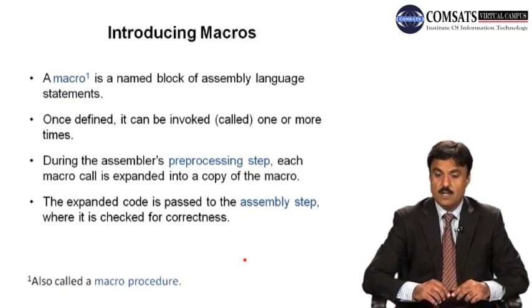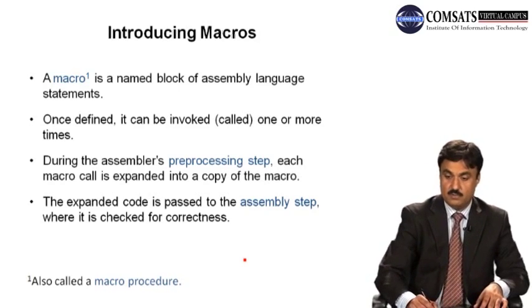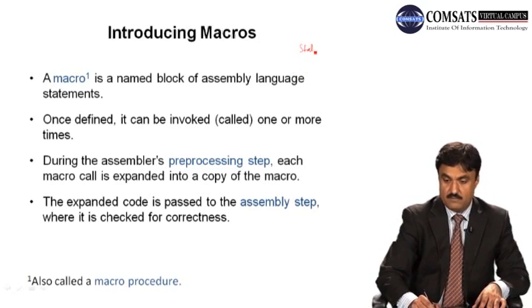So how can we introduce a macro, or what is a macro? A macro is a named block of assembly language statements. For example, if we define a number of statements, so we have statement number 1, then statement number 2 and statement number 3, whatever the number of statements.